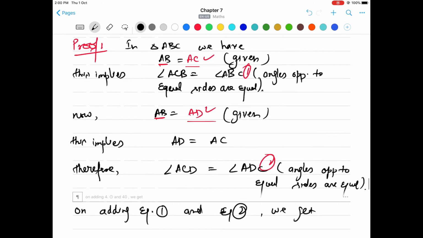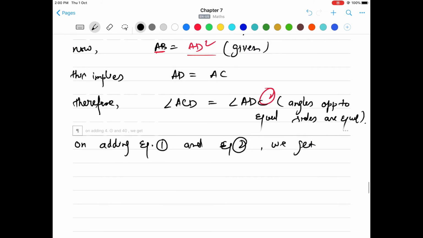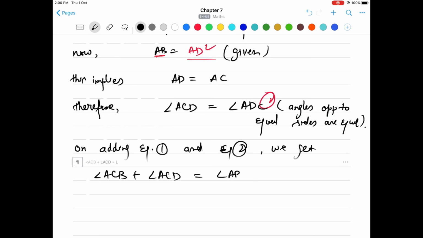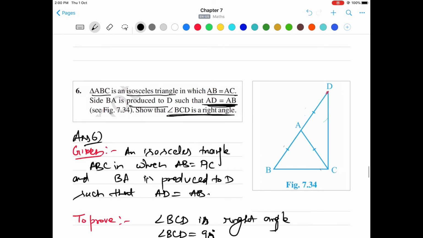Okay, so we will write this as, on the left hand side term we'll write angle ACB added to angle ACD. On the other side we'll write angle ABC plus angle ADC. Now you can see this angle ACB and ACD are here. ACB is this one and ACD is this one.